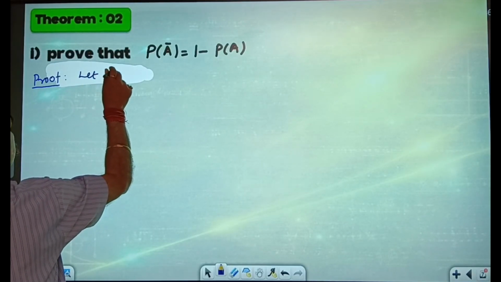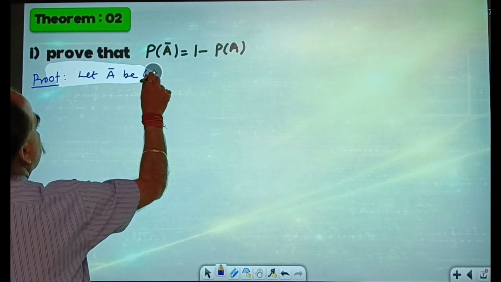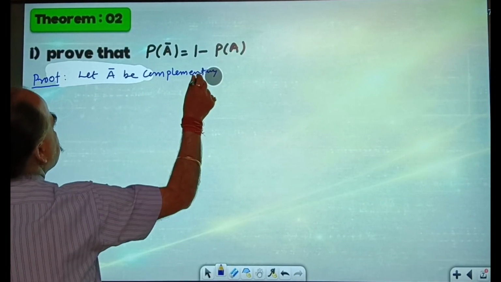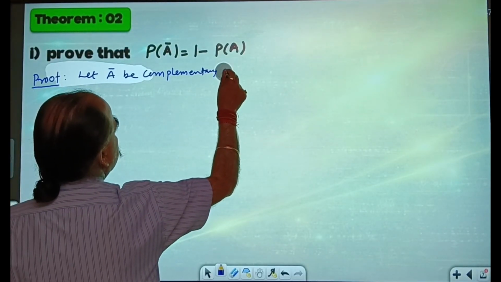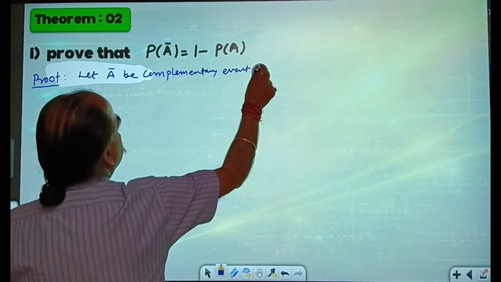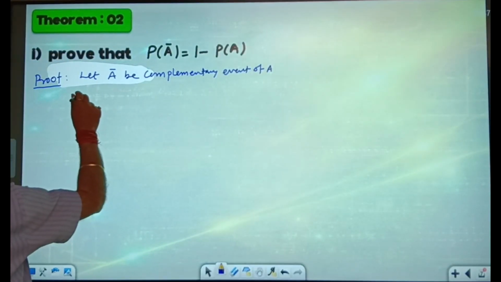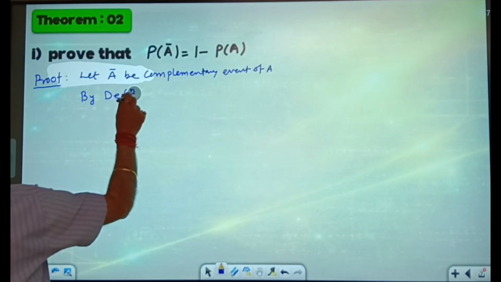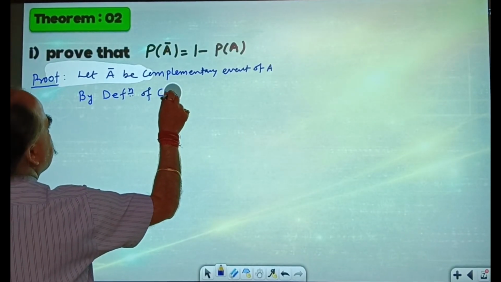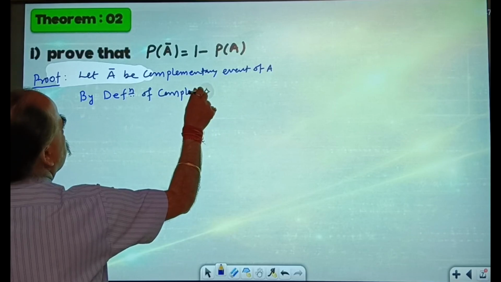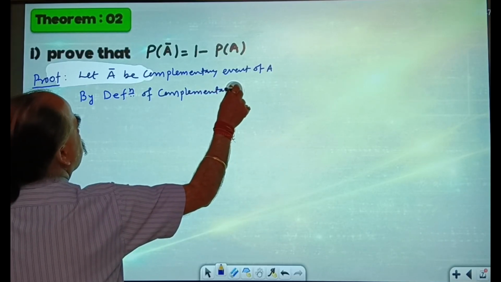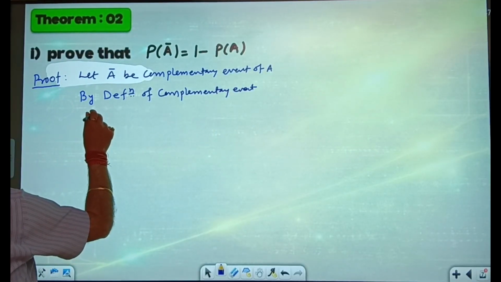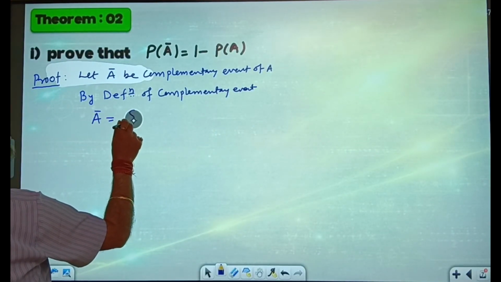Let A bar be the complementary event of A. By definition of complementary event, A bar is what?